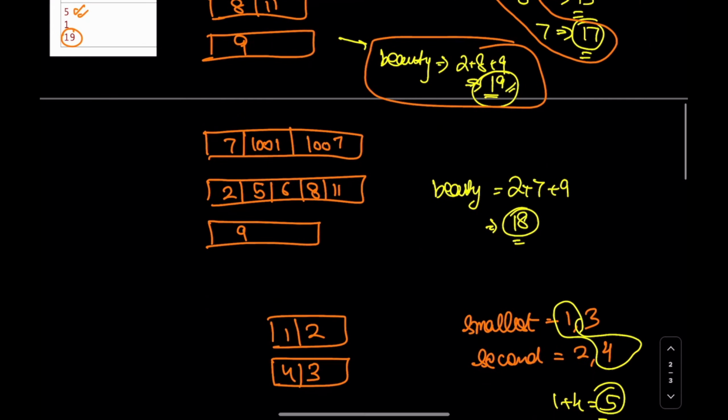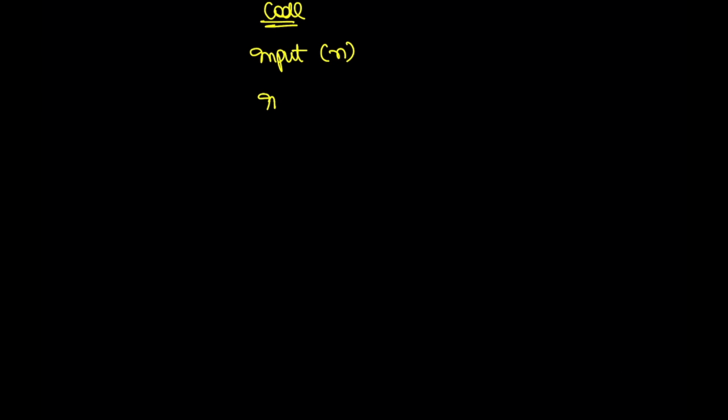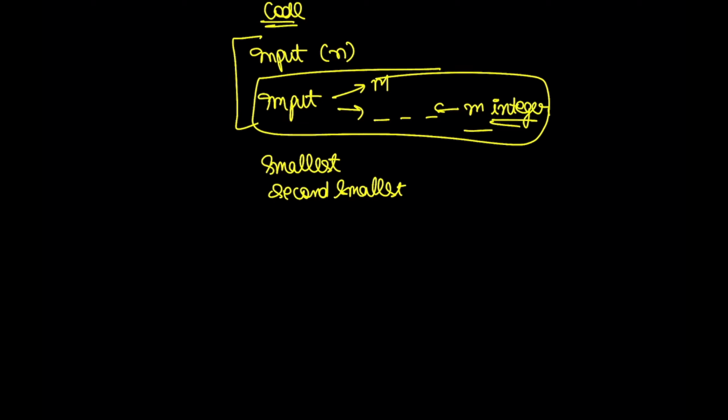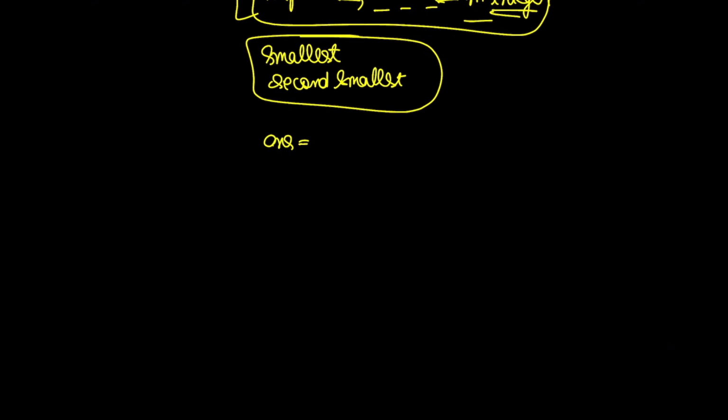Right? So let's see a little bit of code now. We'll have an input that is n. Then we will input n times. The first input will be m and then there will be m integers. That is our array. So while doing this, we will have our smallest and the second smallest arrays built. After taking the input for this array, we will sort it and push into these arrays. So our answer would be the smallest element in this.